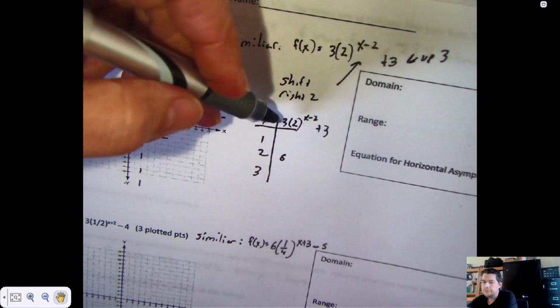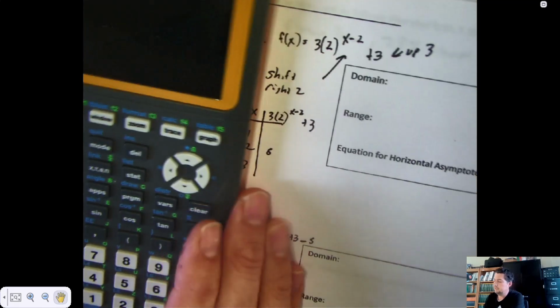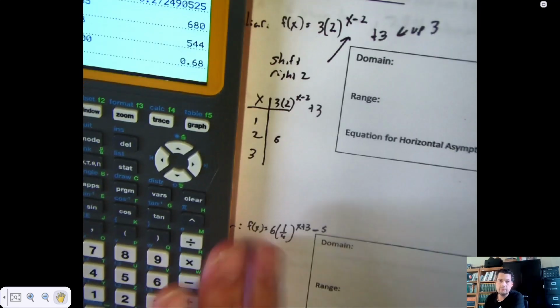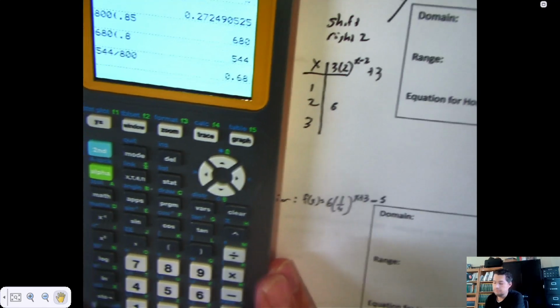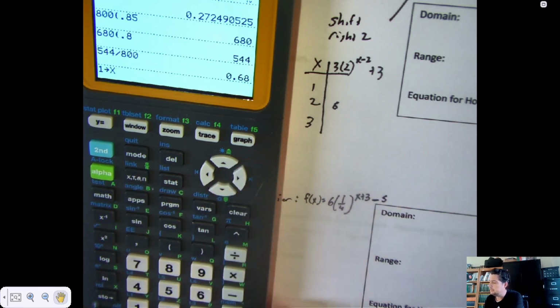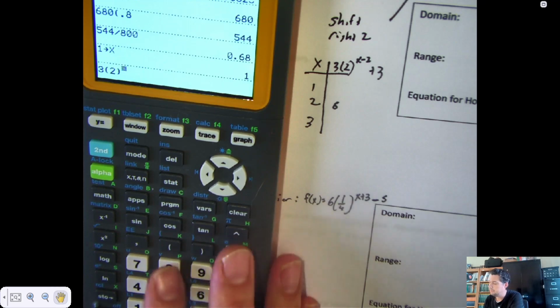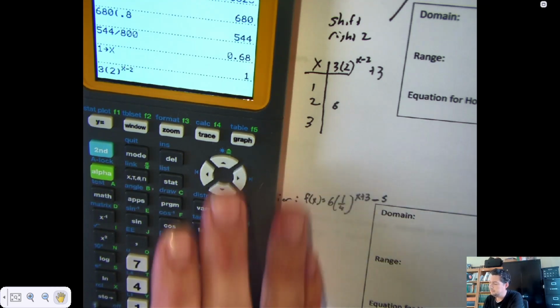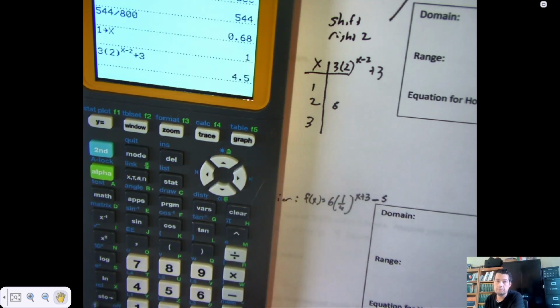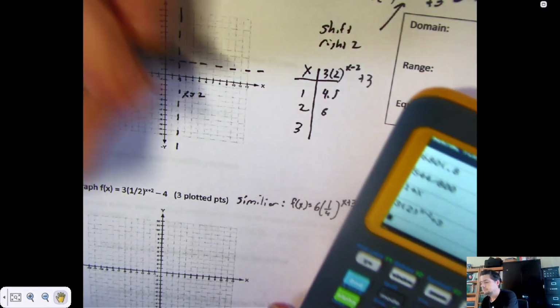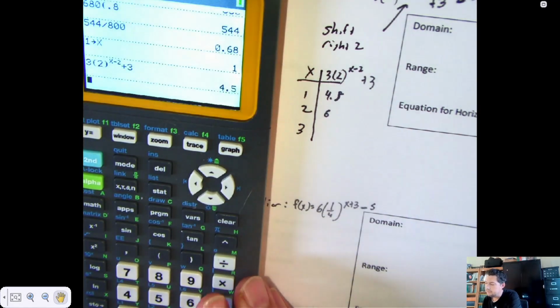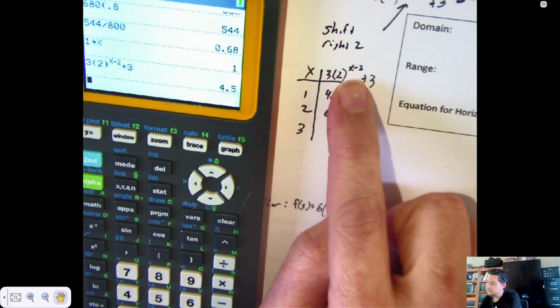Now, this has a 3, so you're going to get a decimal. But, I mean, you're familiar with the storage feature by now, aren't you? You should be. Take a 1, store it to x, 3, 2, rooftop, x minus 2, add a 3, 4.5. This is gross, so I expect when I plug in a 3, it's going to be quite a bit. 3 you can do by hand if you want.